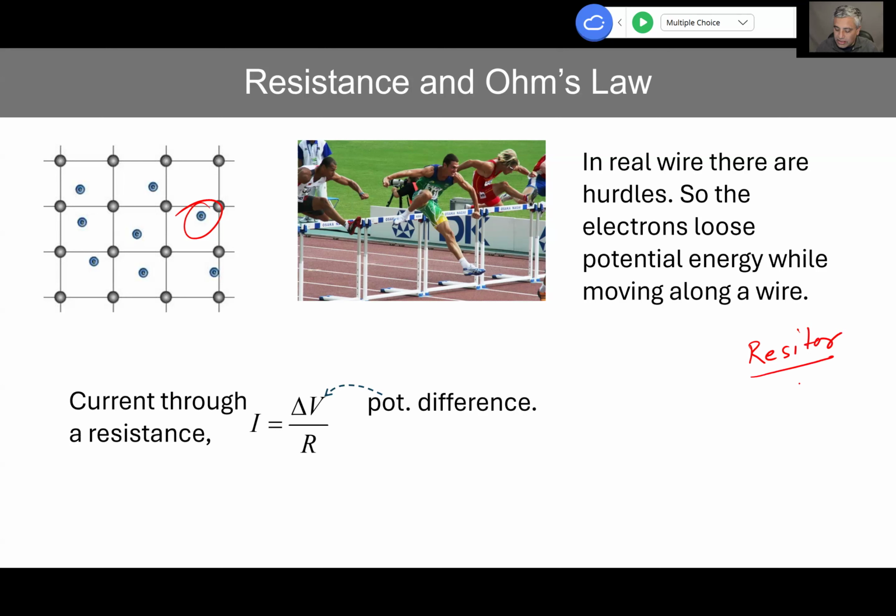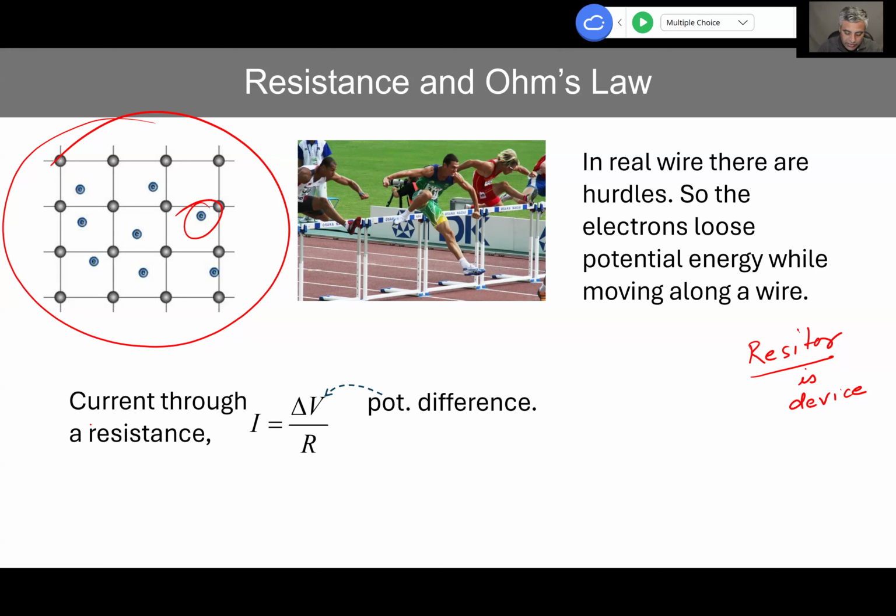So resistor is the name of a device that has a resistance, usually high resistance. And the property of the material, this obstructing property, resisting property, obstructing motion property, is called resistance.